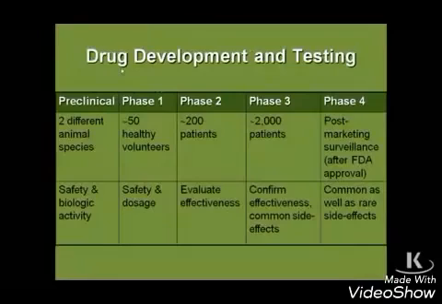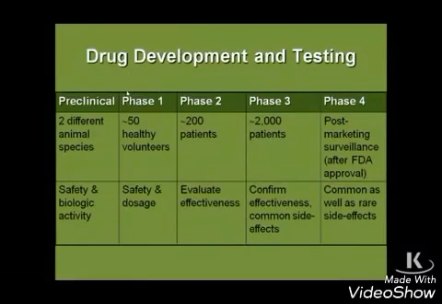We have a short section here, really a table on clinical trials related to drug development and testing. Of course, there are multiple phases of clinical trials, but prior to starting those phases, you undergo preclinical testing with a drug. The preclinical testing here involves 2 different animal species.